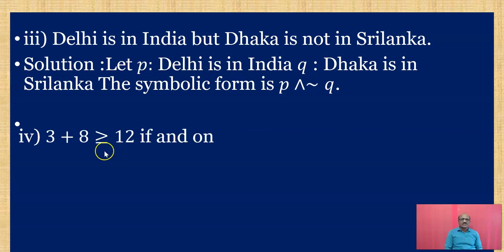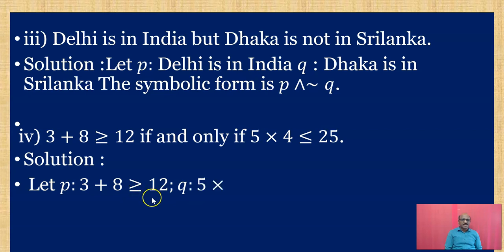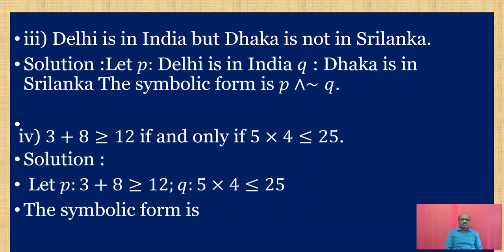Next is 3 plus 8 is greater than or equal to 12 if and only if 5 into 4 is less than or equal to 25. Here P is 3 plus 8 is greater than or equal to 12, and Q is 5 into 4 is less than or equal to 25. The symbolic form is P double implication Q.